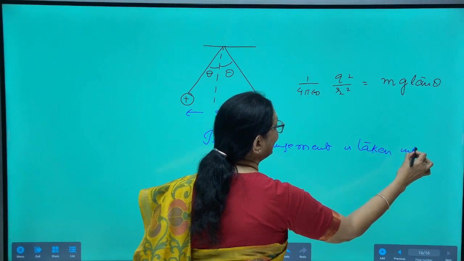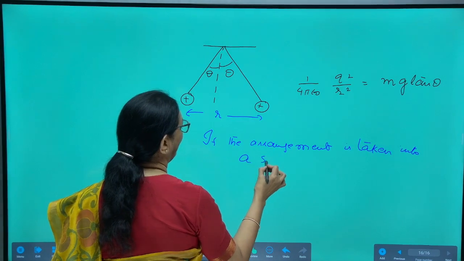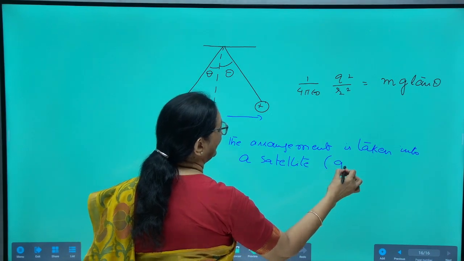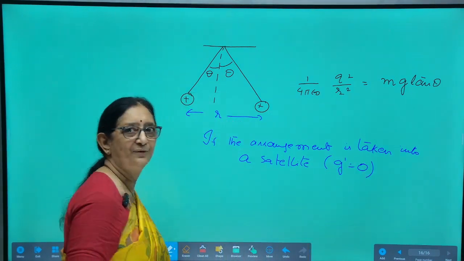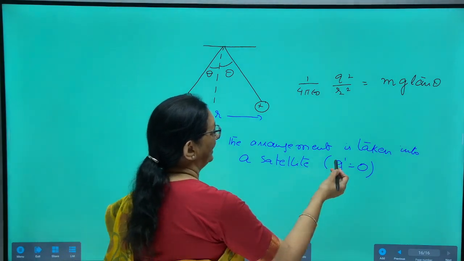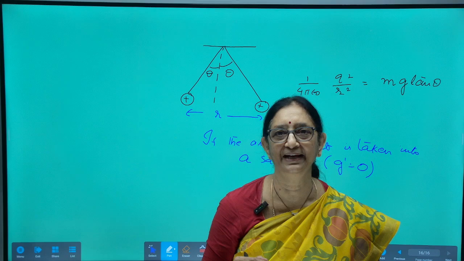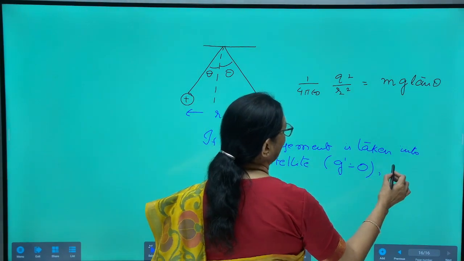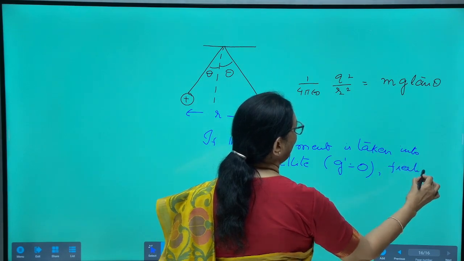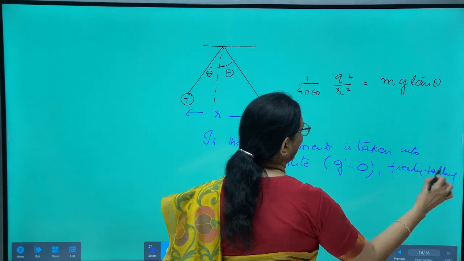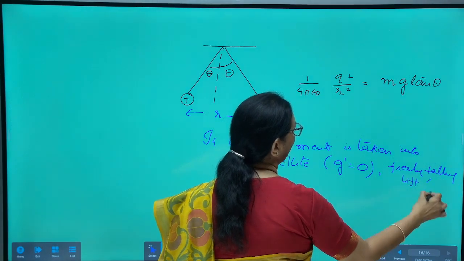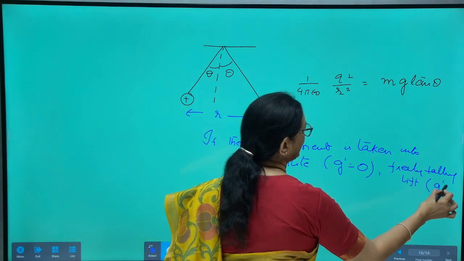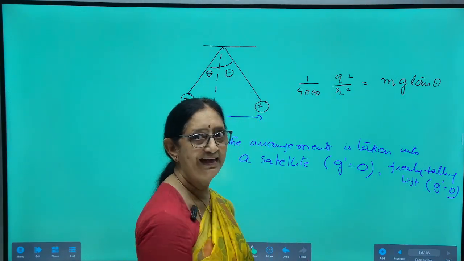into a satellite, so that will be equal to 0. Or if the arrangement is placed in a freely falling lift. Even in the case of a freely falling lift, apparent acceleration becomes equal to 0, not the real acceleration.